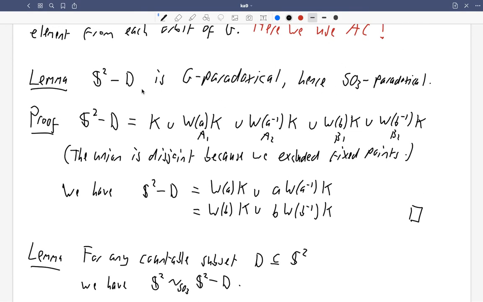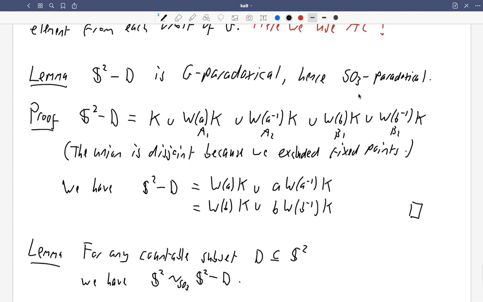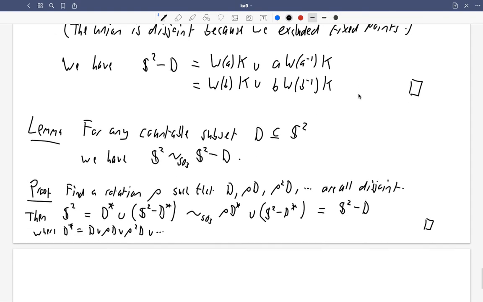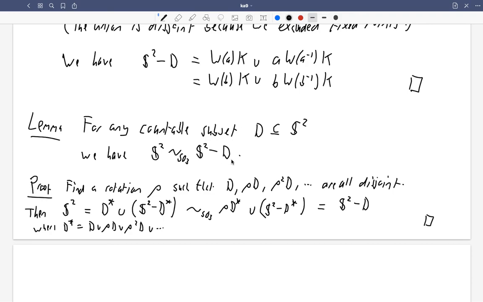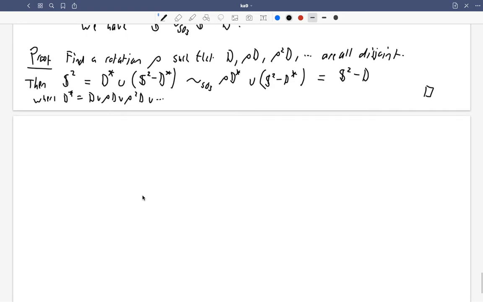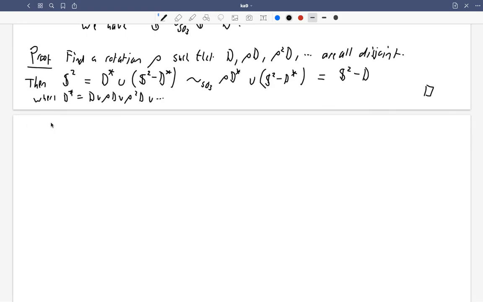We've got that the sphere with the fixed points taken away is SO3 paradoxical, but with the fixed points taken away, that's equidecomposable with the sphere. So by our lemma from earlier, the corollary that we can transfer paradoxicality along equidecomposability, the corollary is now that S2, the sphere, is SO3 paradoxical.